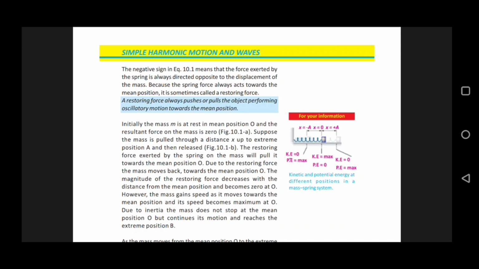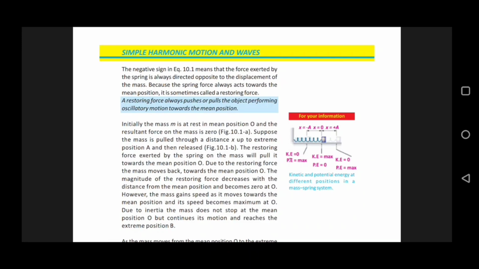At position O, where the resultant force is 0 and displacement is 0, kinetic energy is maximum, because it has maximum speed, and kinetic energy is directly related to speed, with the formula half mv squared. And here potential energy is 0. Potential energy is related to position. There is a mean position, a rest position, not a certain position. Kinetic energy is related to motion. So at this point there is kinetic energy and no potential energy.